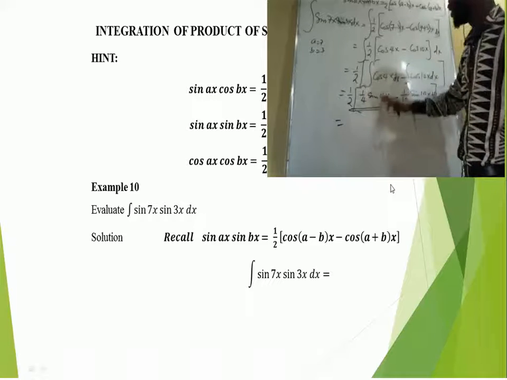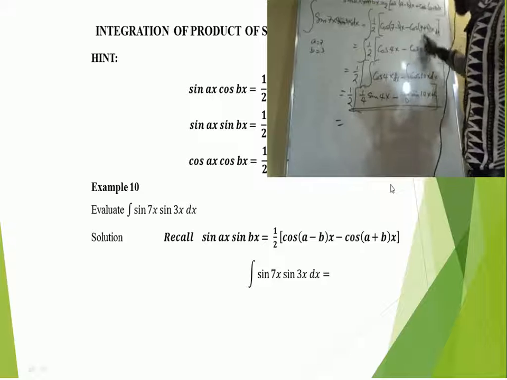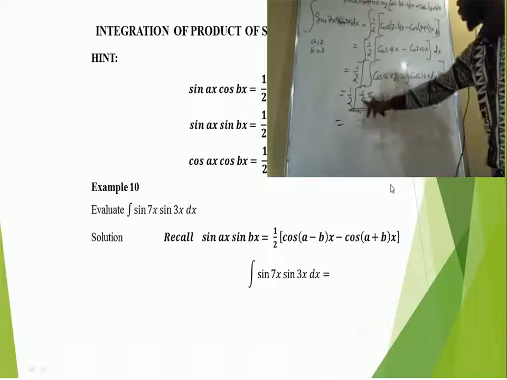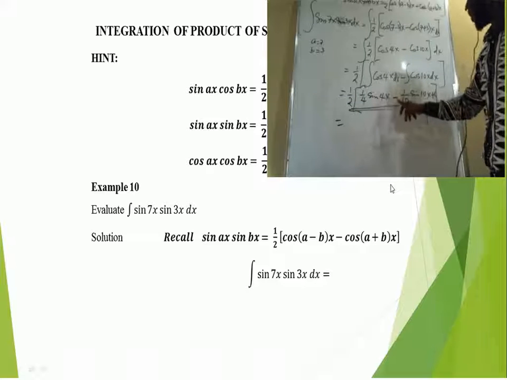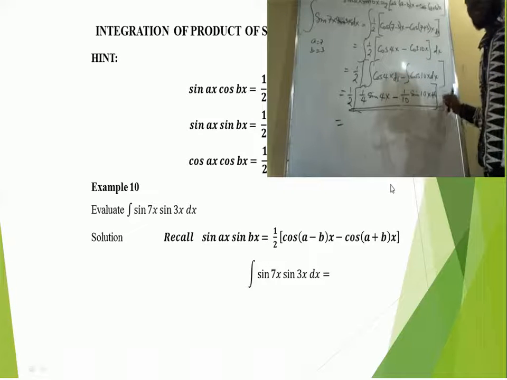So by the time you integrate it now, you subtract it from this, you have this. You add both of them together, you have 10x. Then when you now integrate cos 4x, it will give us 1 all over 4 sine 4x minus, by the time you integrate this, you have 1 over 10 sine 10x plus c. This is what you have.